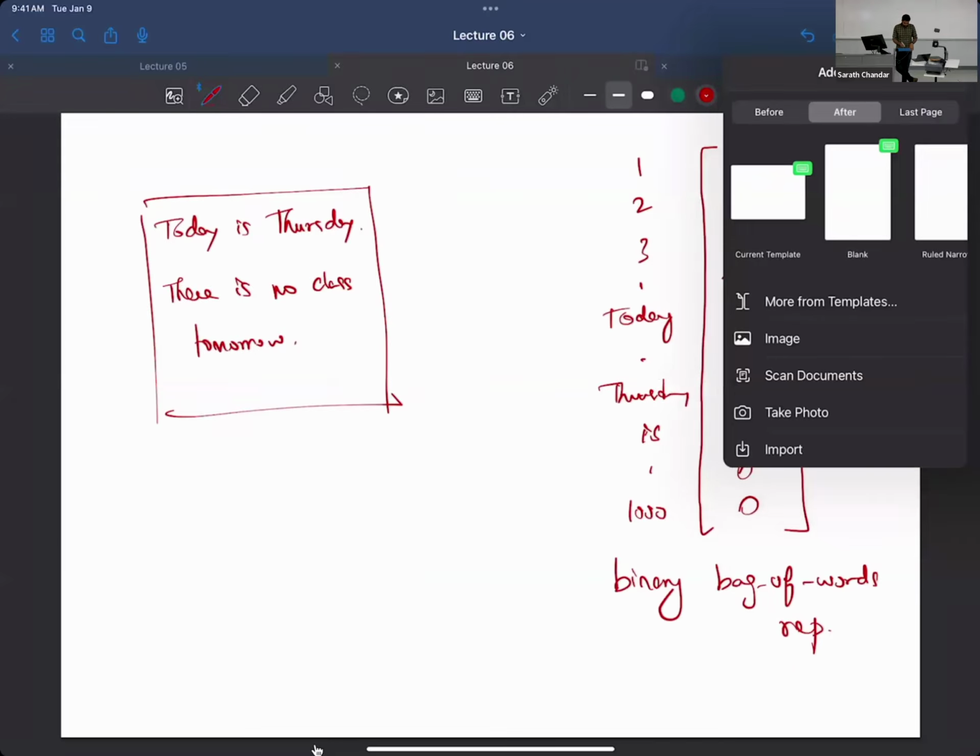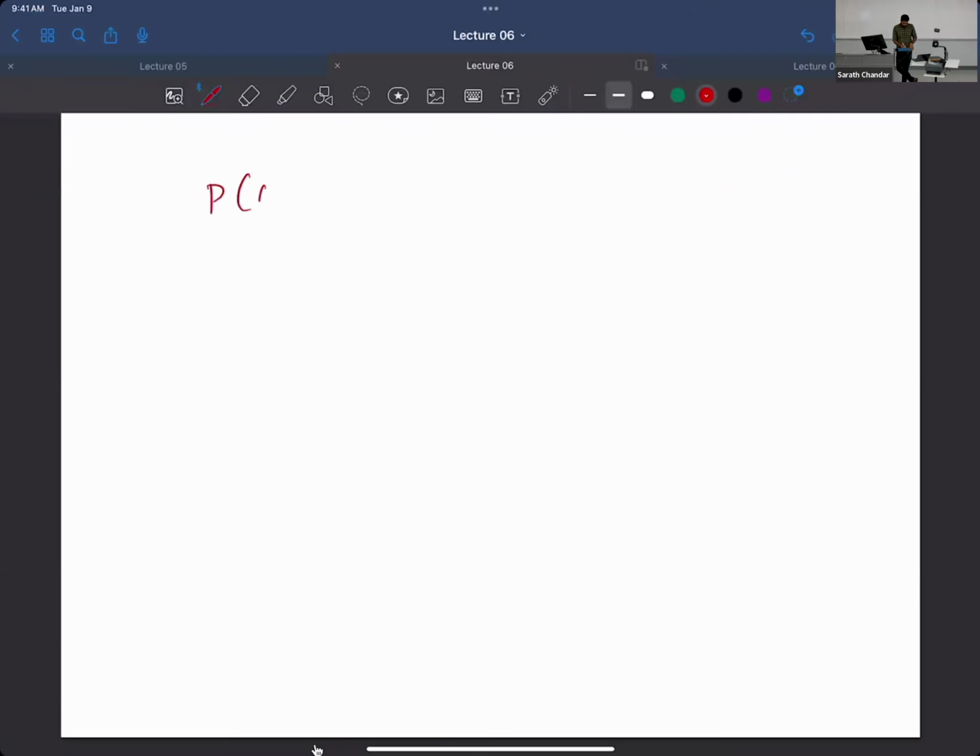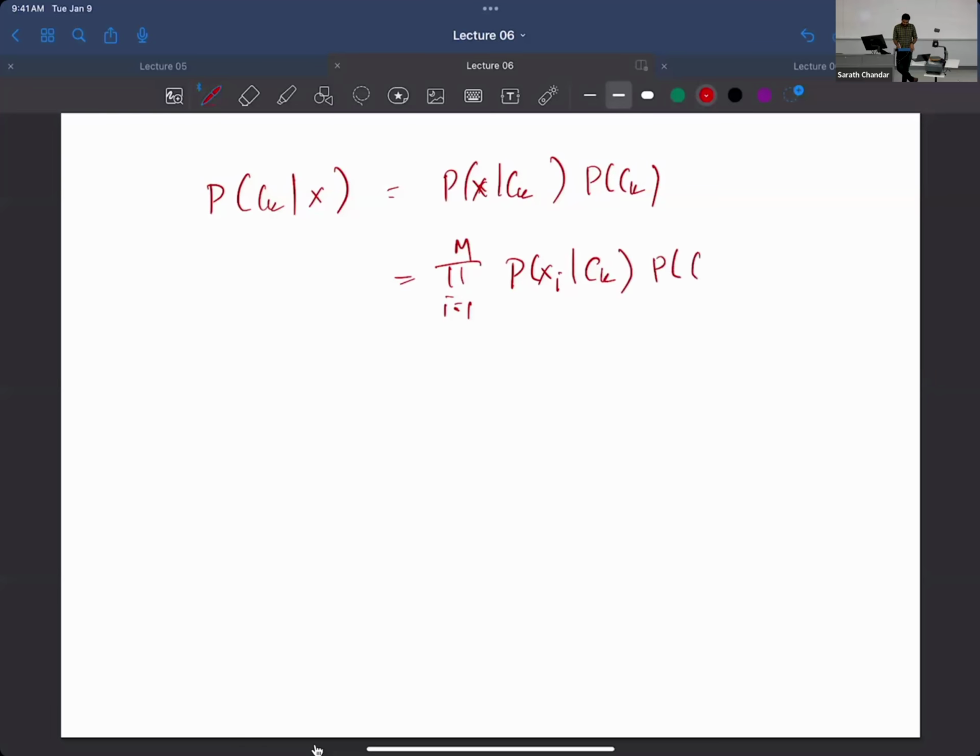Okay. So now let me write p of ck given x as p of x given ck times p of ck, which is basically the product of i equal to 1 to capital M, p of xi given ck times p of ck. Right?